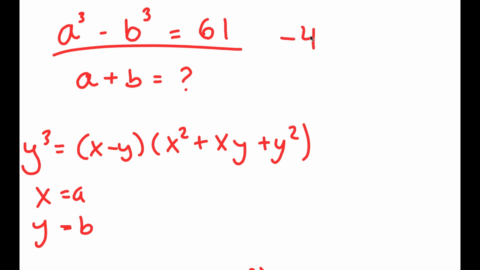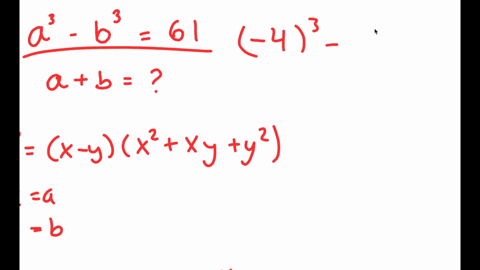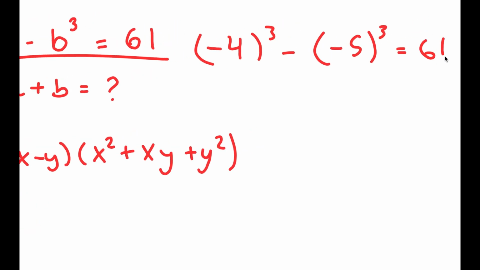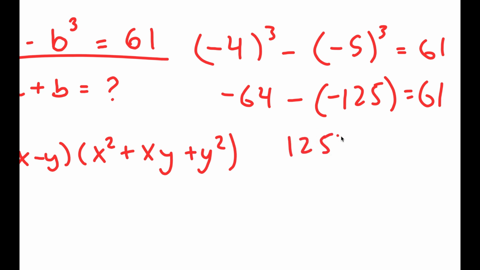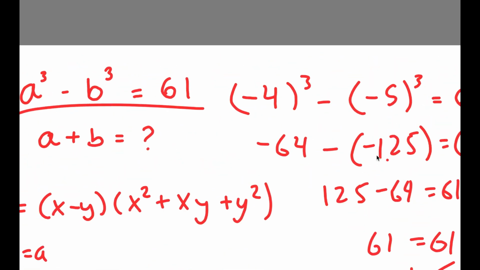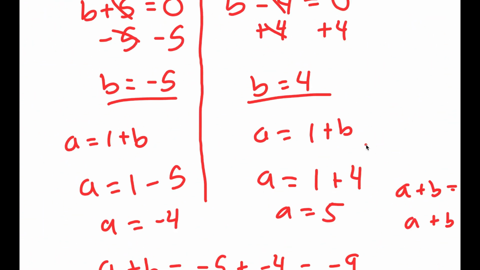We have negative 4 to the power of 3 minus negative 5 to the power of 3 is equal to 61. Negative 4 to the power of 3 is negative 64. Negative 5 to the power of 3 is negative 125. So I get negative 64 minus negative 125, which is equal to 125 minus 64, which is equal to 61. So I get 61 equals 61, and this is right. So our first solution is right.